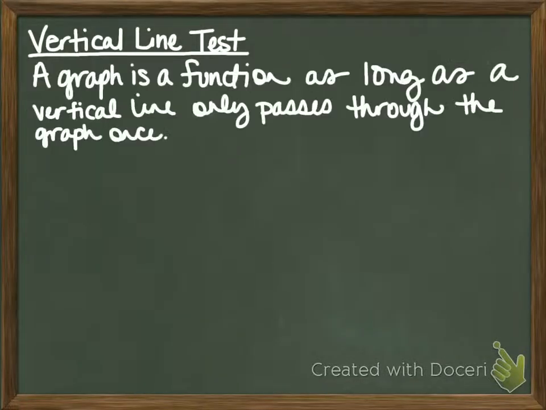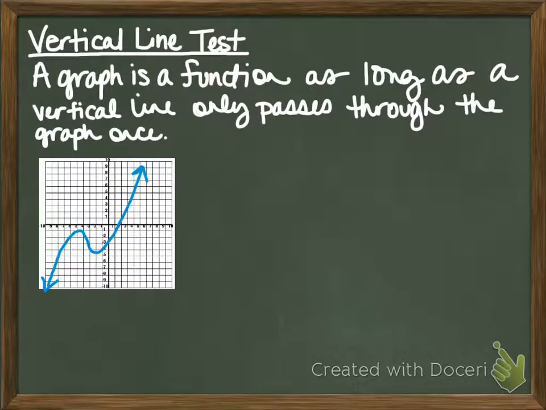Okay, the vertical line test we talked about in section 4 as well. A graph is a function as long as a vertical line only passes through the graph once. So if I look at an equation and I want to determine if it's a function or not, I'm going to draw several vertical lines across what I think is a function. If any one of those lines touches more than one time, it's not a function.